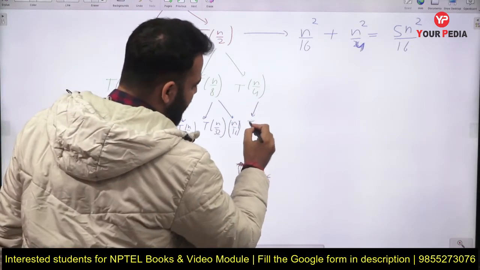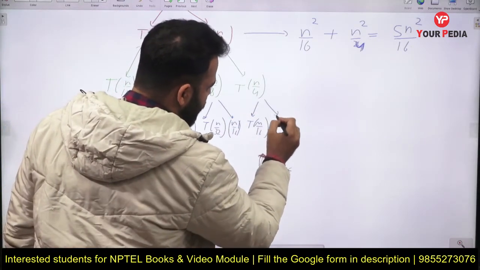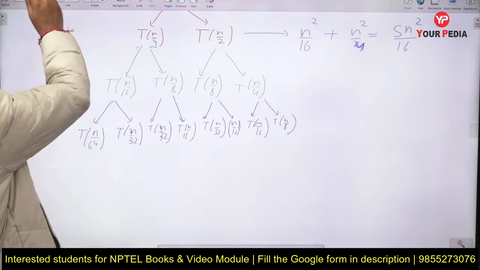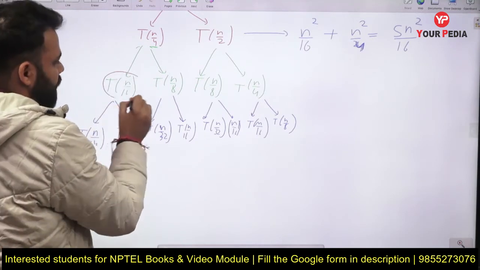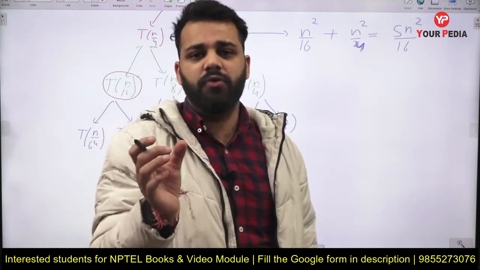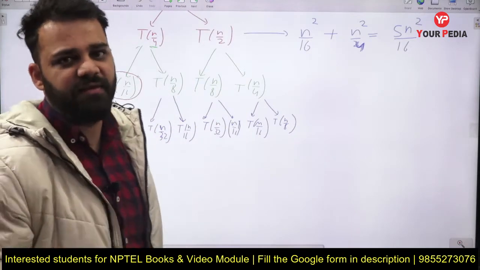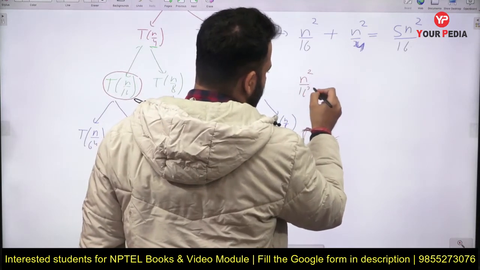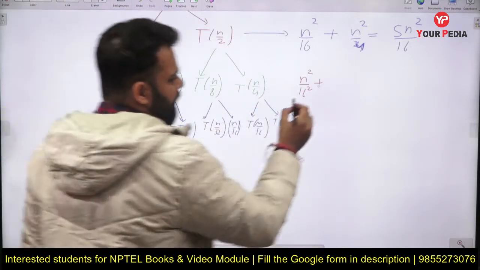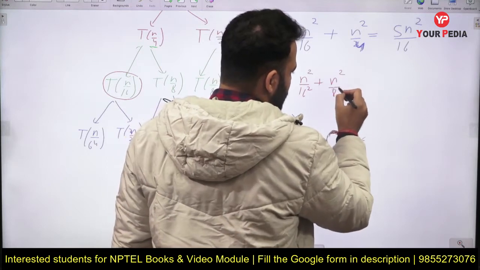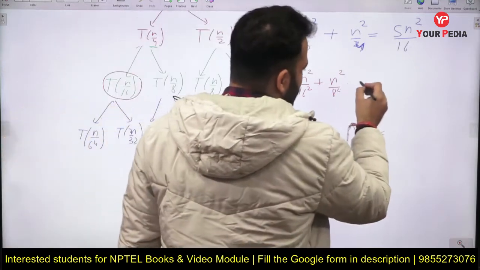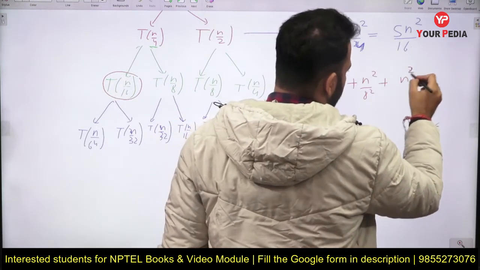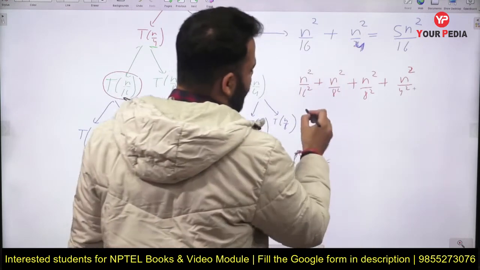For this by 4 you will get n by 16 and by 2 you will get n by 8. Now what about the remainders for this? For n by 16, the remainder will be n square by 16 square. For this it will be n square by 8 square. Again n square by 8 square for the third one, and for the fourth one it is n square by 4 square.